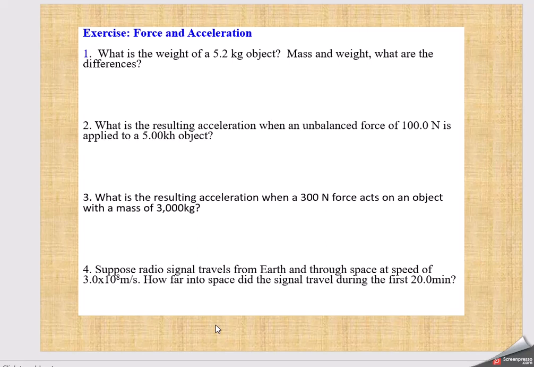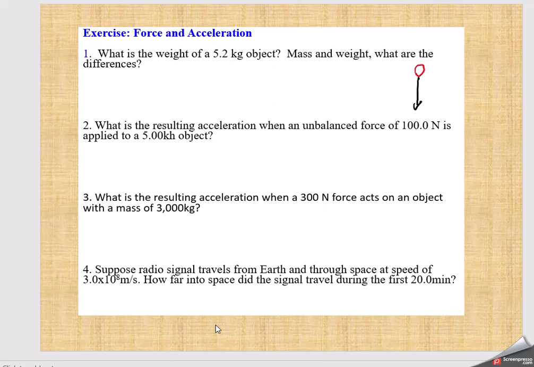Mass is the inertia, how much stuff is there, or how many neutrons and protons are actually in this substance. That's a property of the object. The weight is the gravitational force the object experiences. So that's the weight.